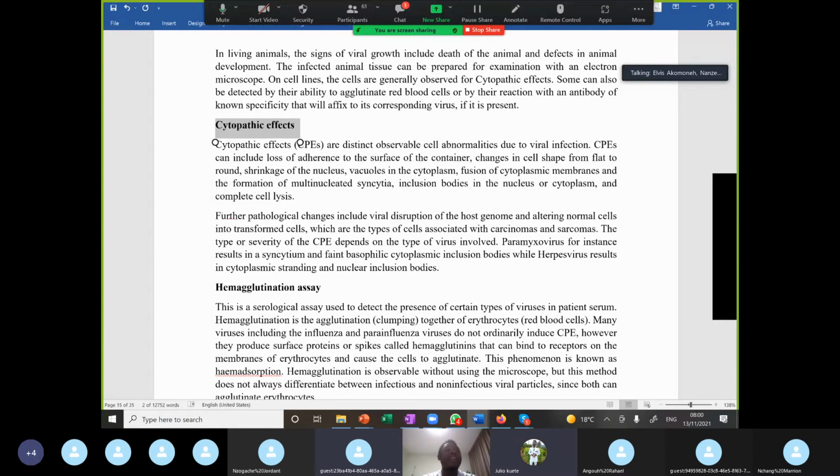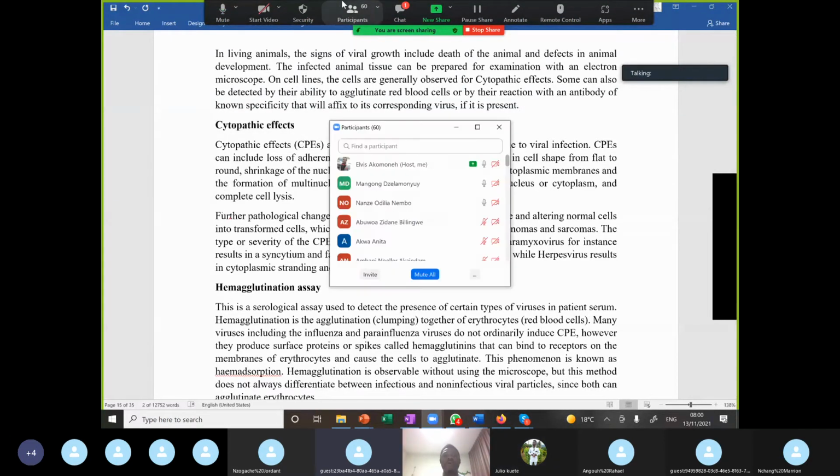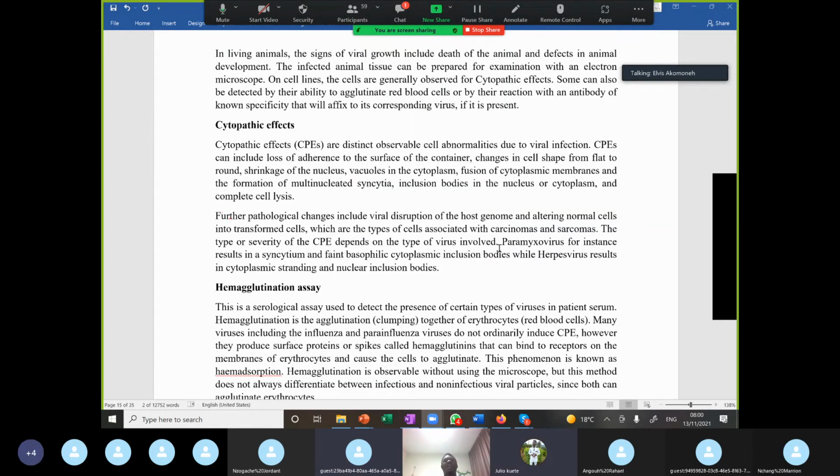We are unable to identify them in culture because they don't produce visible signs of cytopathic effects. Therefore, we might decide to use other techniques.